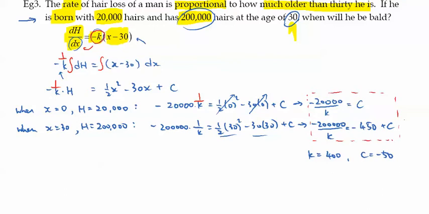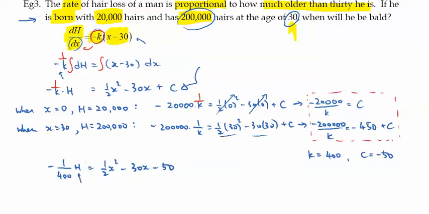So here, if he is born with 20,000 hairs and has 200,000 hairs at the age of 30, when will he be bald? At what age would he have no hair at all? So going back to this equation, negative 1 over k times h equals 1/2 x squared minus 30x minus 50.